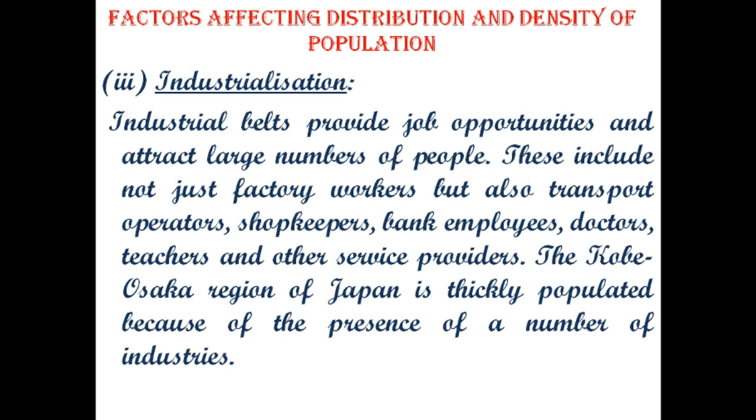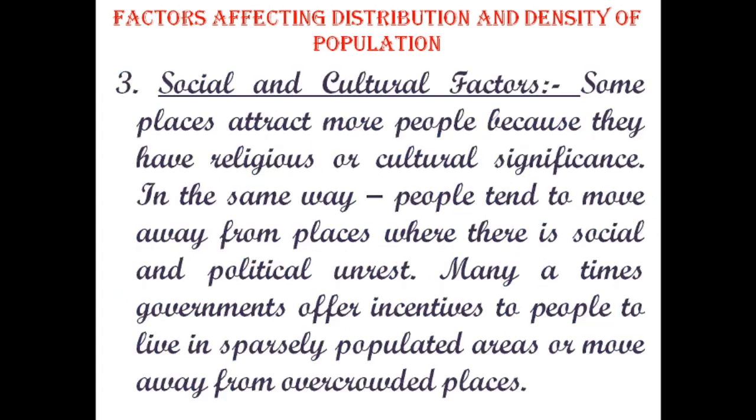So it was the last point under economic factors. Now let's discuss the last factor, that is social and cultural factors. These are also known as socio-cultural factors. Some places attract more people because they have religious or cultural significance.